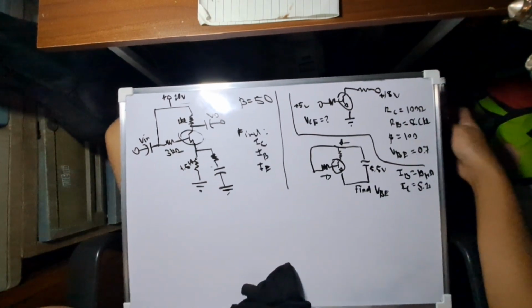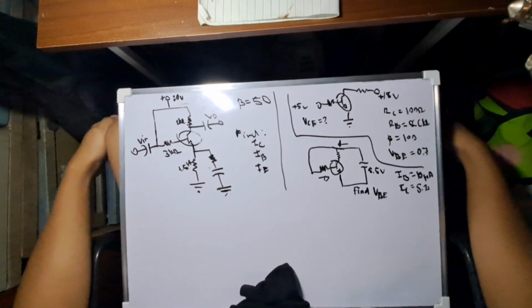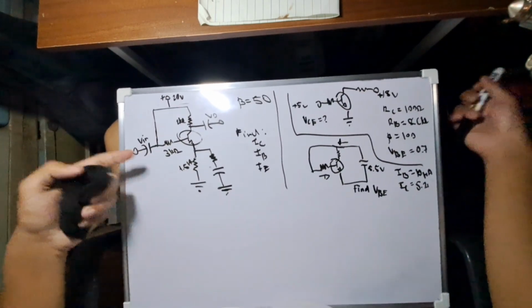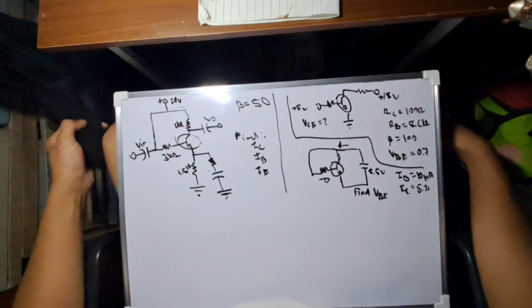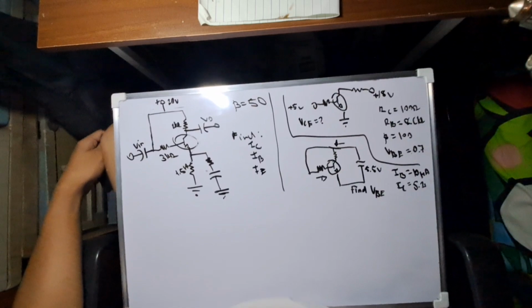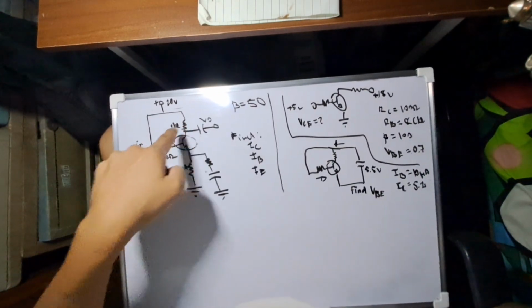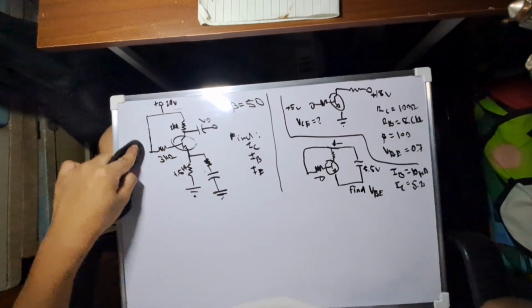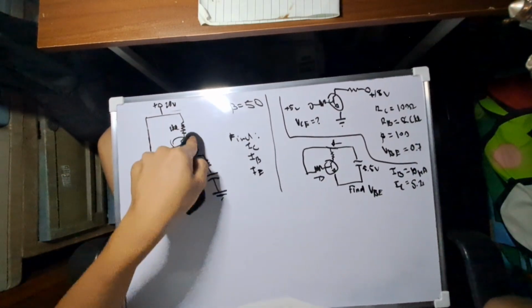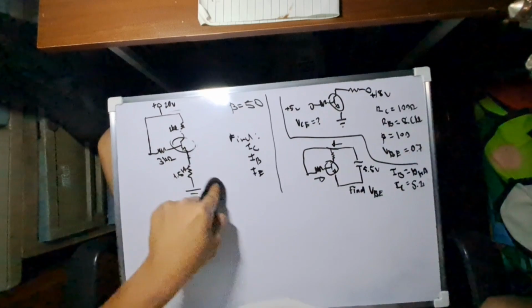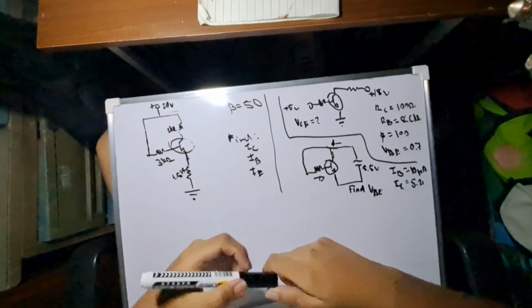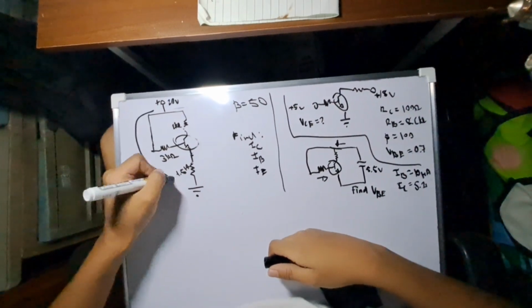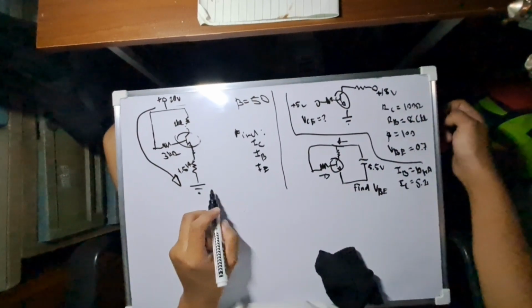Hanapin natin si IC, IB, and IE given our beta is equals to 50. This is an amplifier circuit. Ang gawin natin, since current yung mga hinanap natin from collector, base, and emitter, tanggalin natin mga capacitor. So mag-KVL tayo from source to emitter.